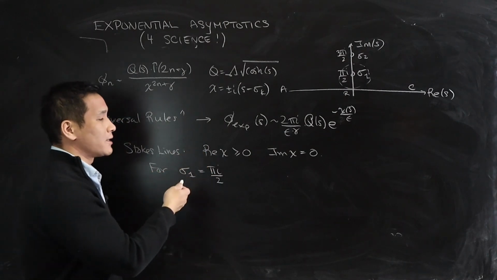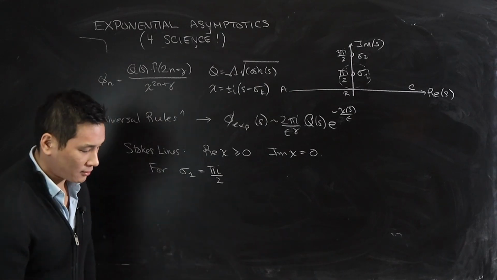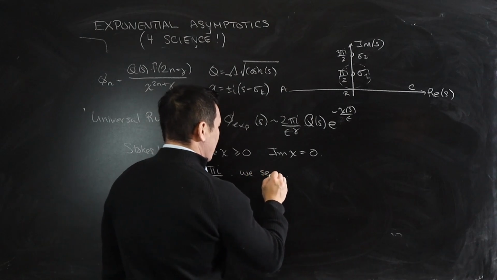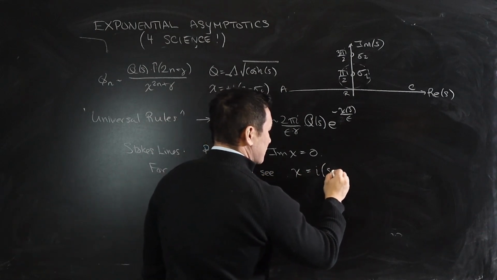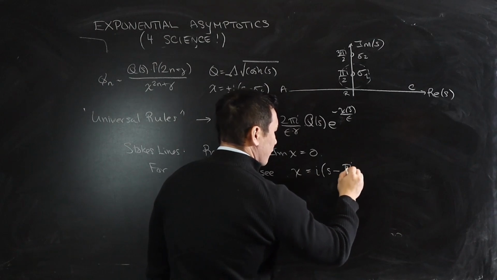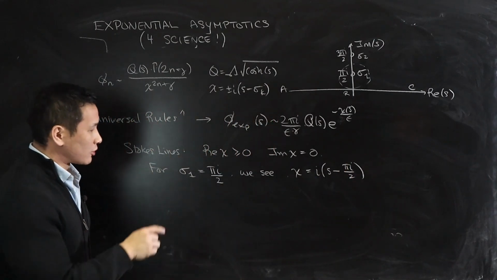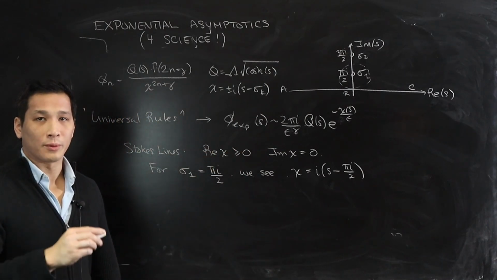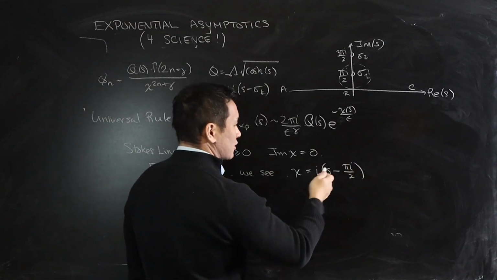There are 2 chi's associated to it, one with a plus I and one with a minus I. But you see, if I take chi to the plus I of s minus pi I over 2, the location where the real part of chi is positive will be along the imaginary axis, when this is purely imaginary.